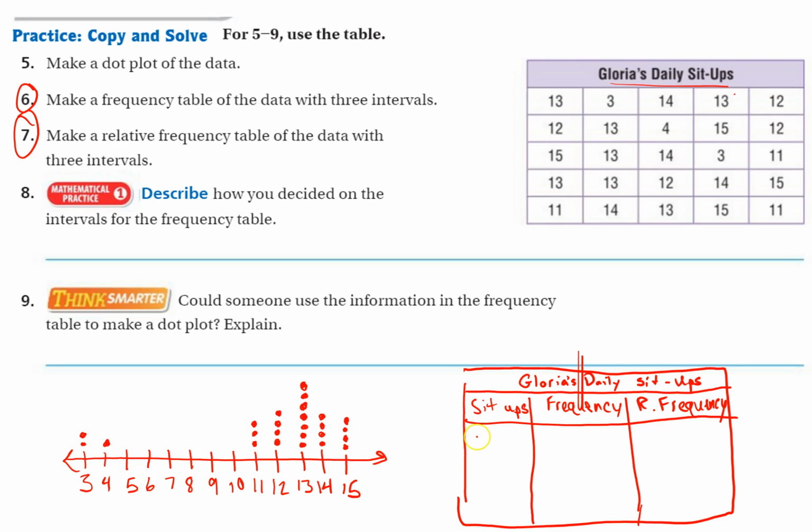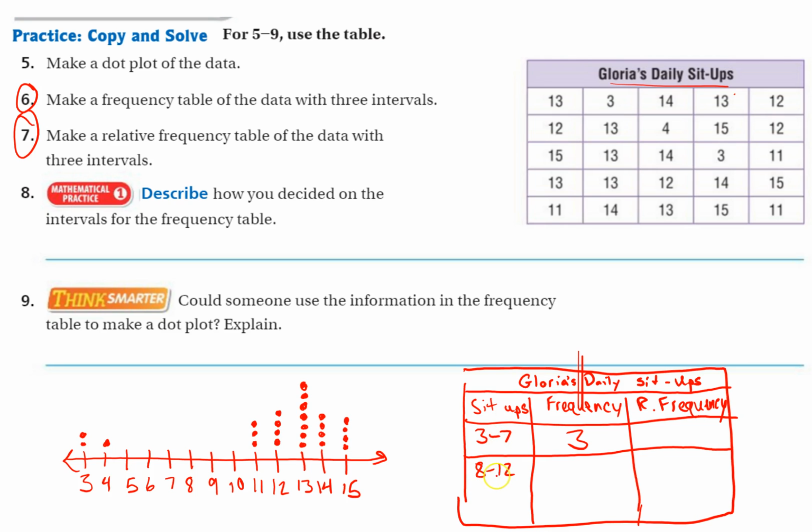So my first group will be 3 to 7. And 3 to 7 happen 3 times. My next group will be 8 to 12.